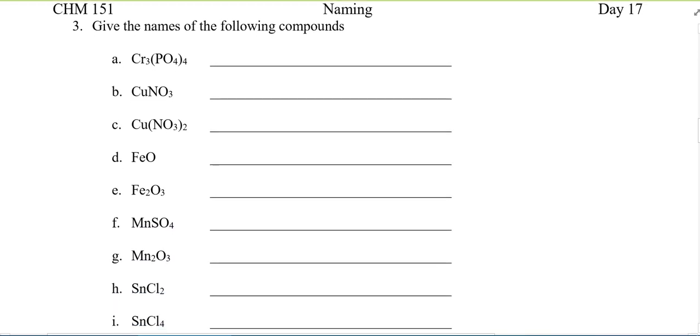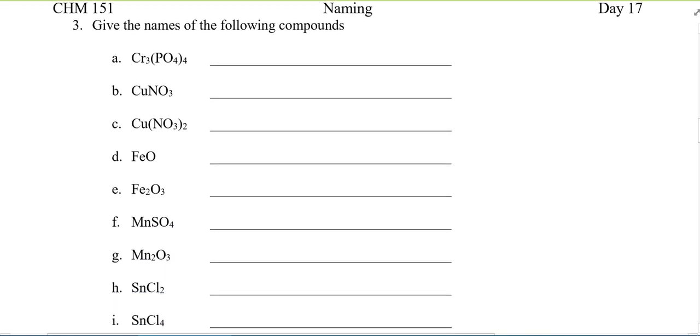Number 3, back to formulas to names. The difference here is these are metals that need Roman numerals. So now we are ionic, and we need Roman numerals.